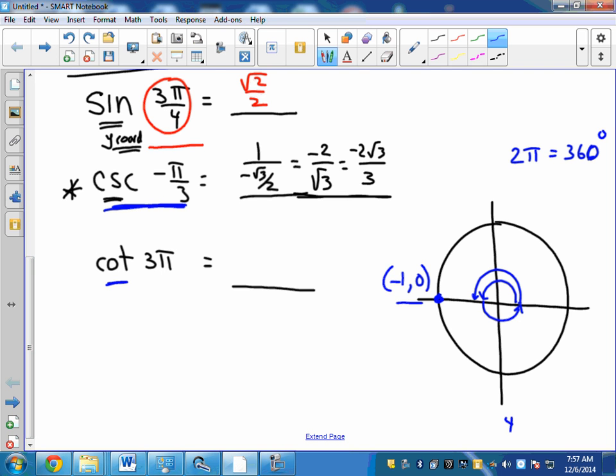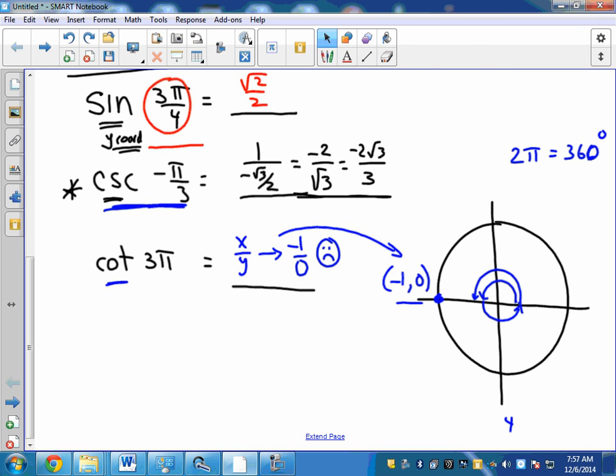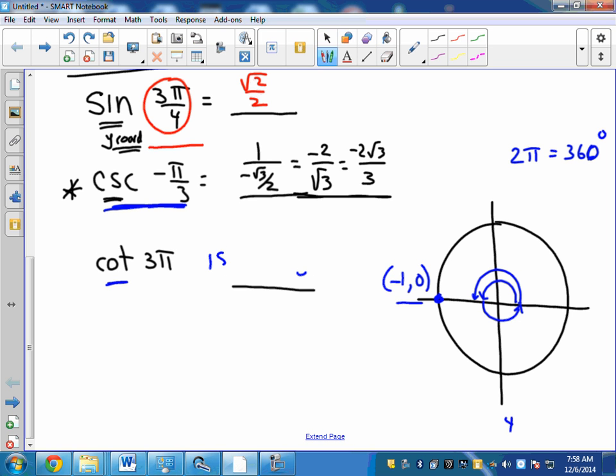We're supposed to have x over y, but looking at these ordered pairs, that would lead to the nonsensical expression -1 over 0. Please don't write that. I'm not a happy camper if I see anything that hits division by 0. So we might think that, but immediately we should go, this expression is undefined.